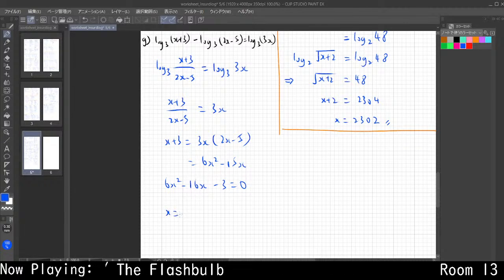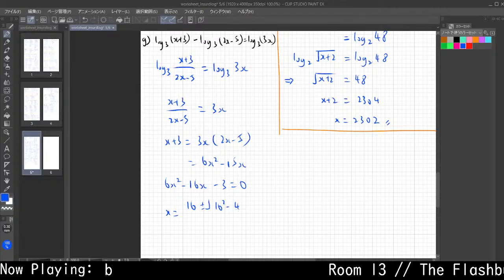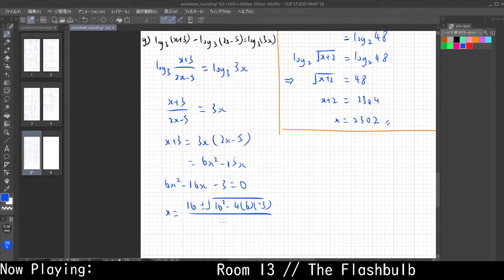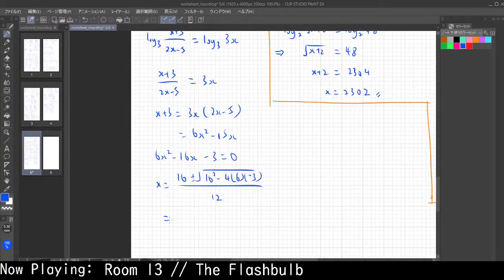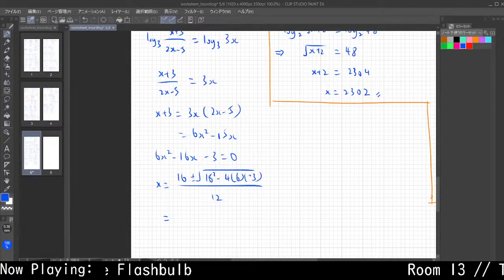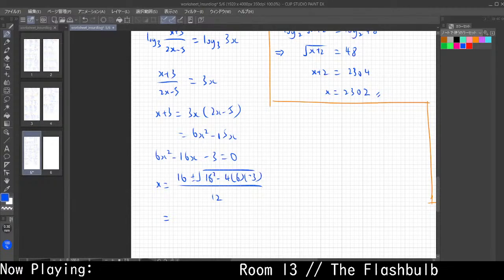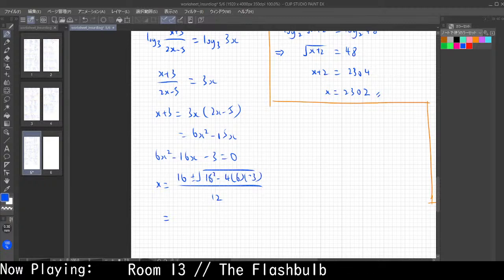So x will be equal to 16 plus minus the square root of 16 squared minus 4 times 6 times negative 3, over 2 times 6, which is 12. Okay, let's see what we get. Let's bring out the calculator.